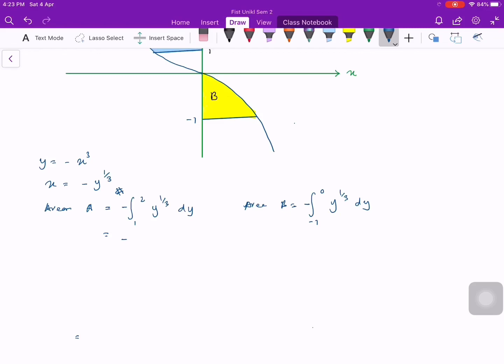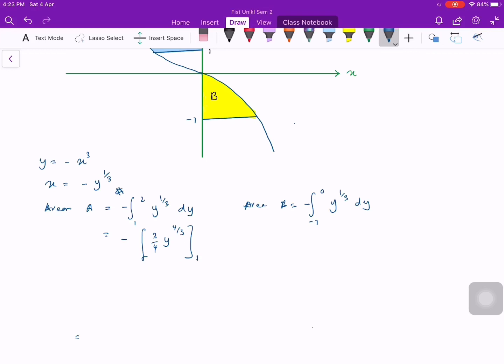Dekat sini saya akan calculate, saya akan dapat integrate of y kuasa 1/3. Saya akan dapat y to the power of 4/3 over 4/3. After simplify, saya akan dapat 3/4y to the power of 4/3.